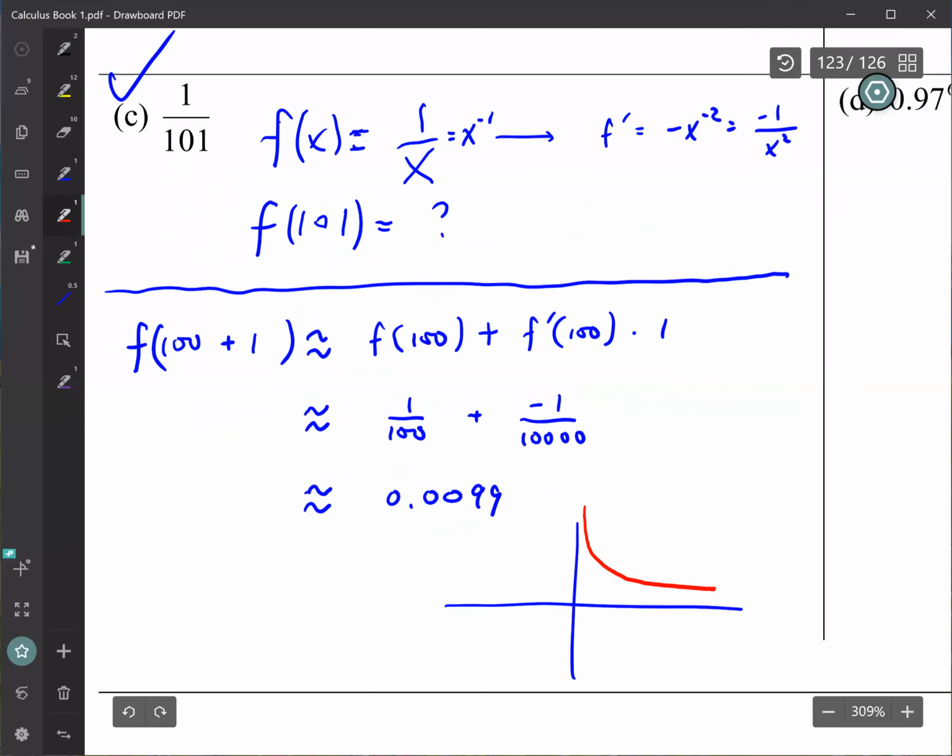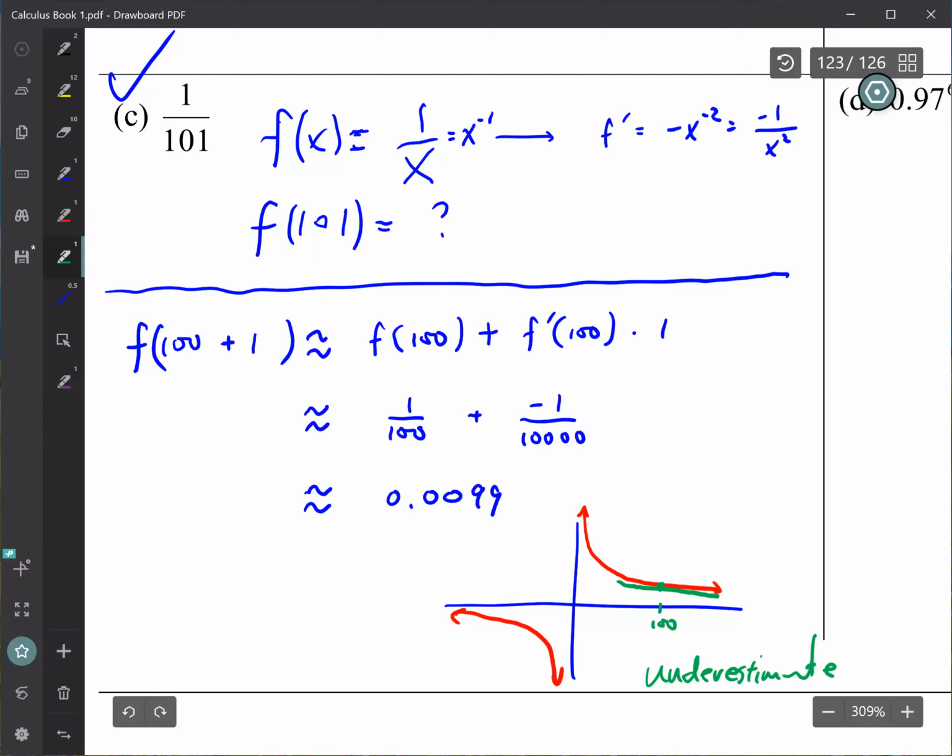Yeah, like that. And then we are placing the tangent at 100. You can see that the tangent line is underneath the function around 100, at that point. So you know it's going to be an underestimate.